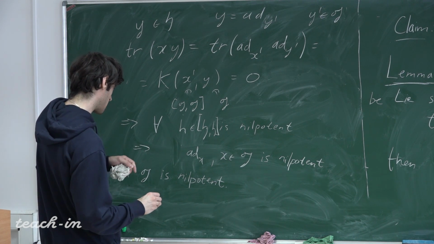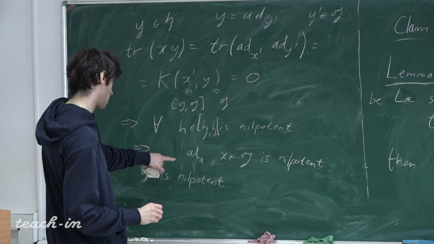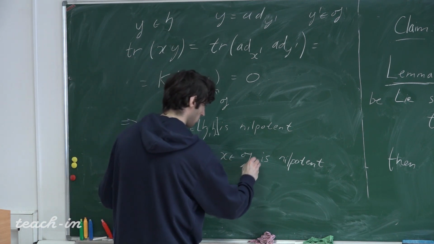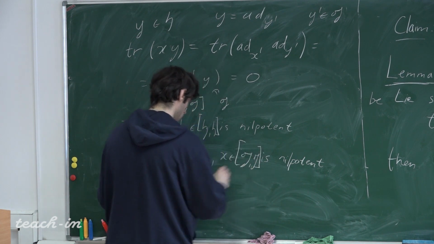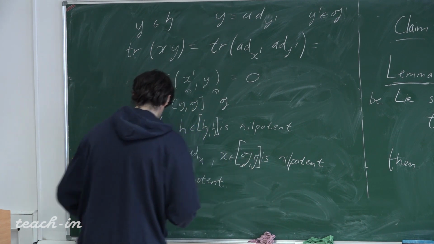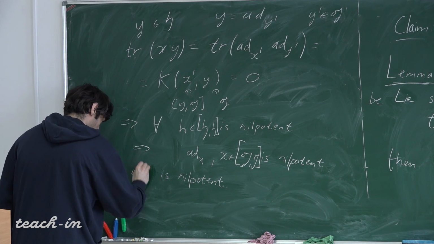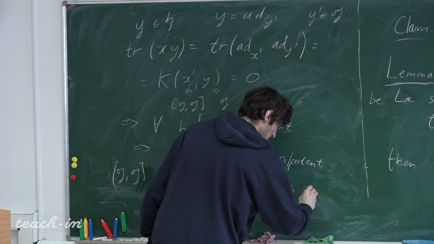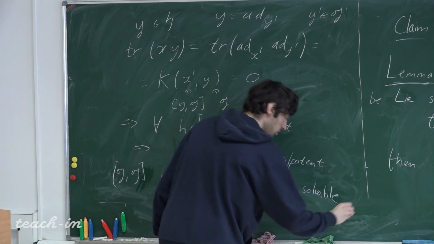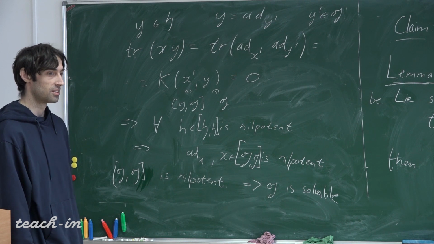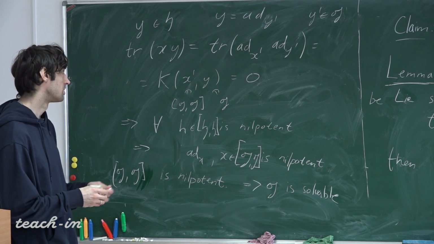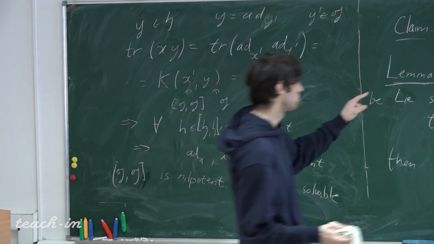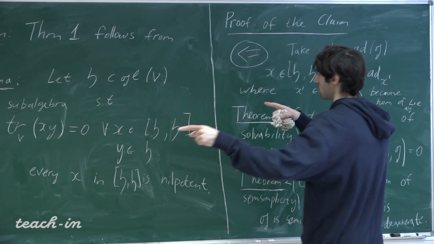Therefore, ad x for x from the commutant is nilpotent. Therefore, the commutant is nilpotent. And therefore, G is solvable. Phew. Okay, very well. So using the lemma, we prove the theorem in this direction.